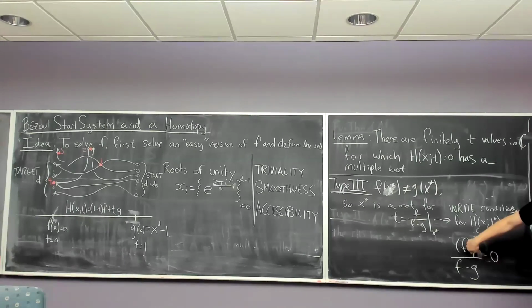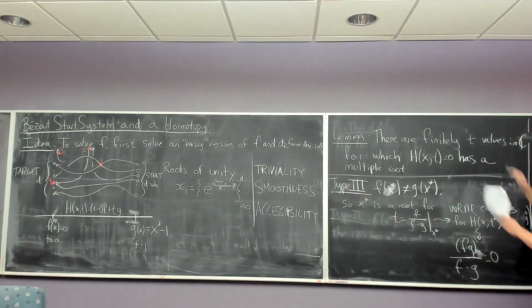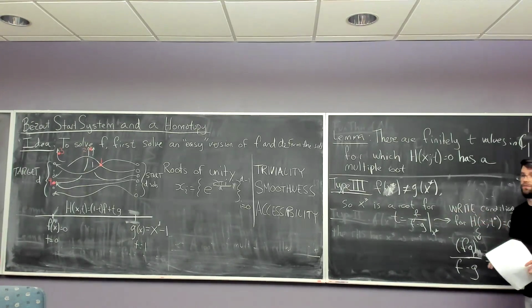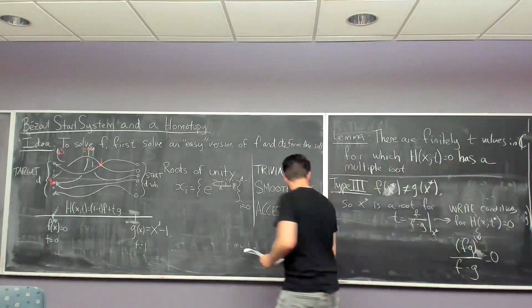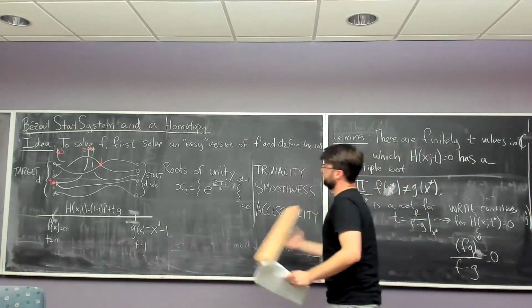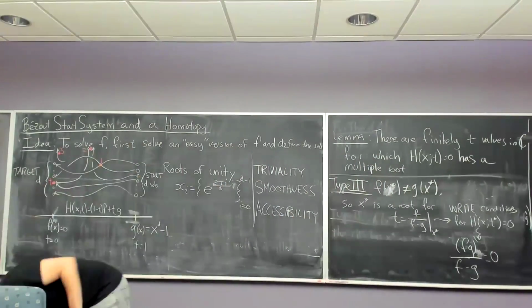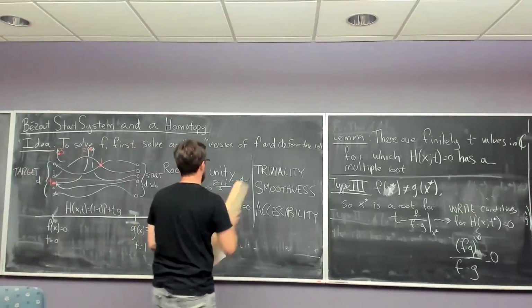Okay, so not particularly illuminating as a technical result. Point is there are finitely many t values which give you a multiple root. And as a fundamental result, we need to move on and prove the accessibility result.